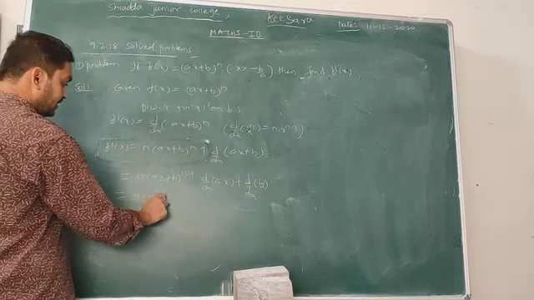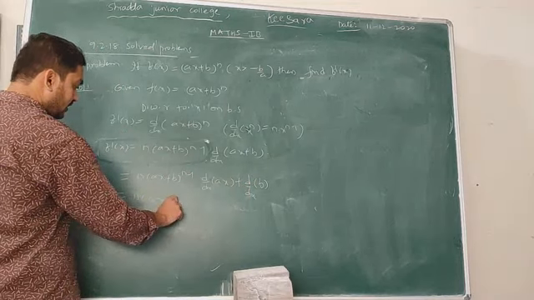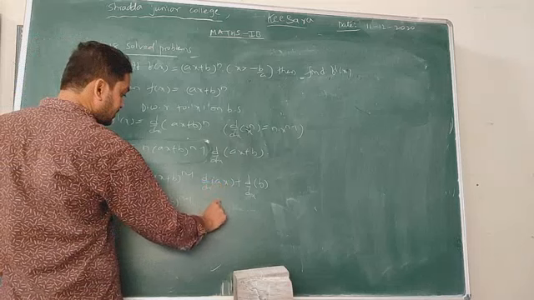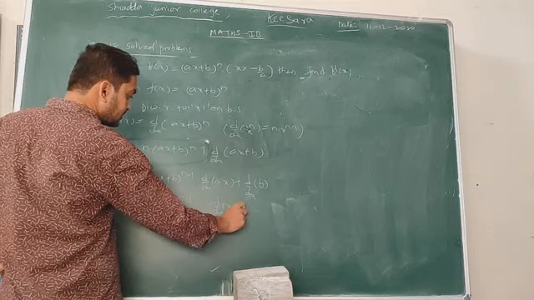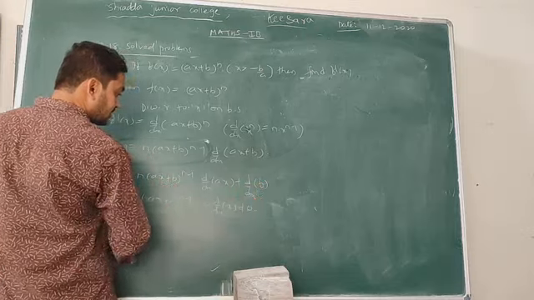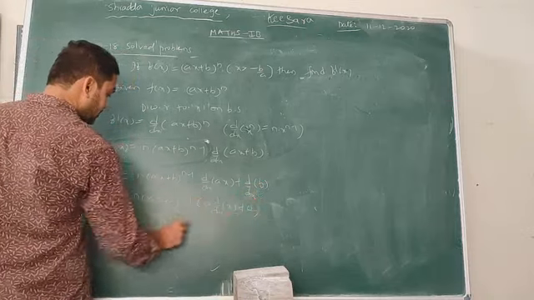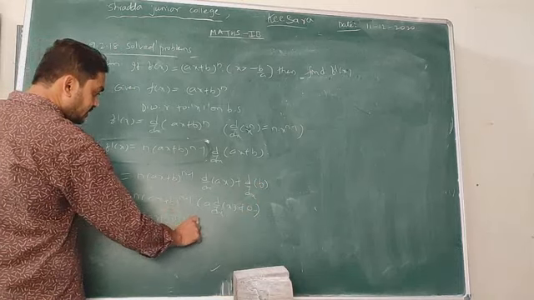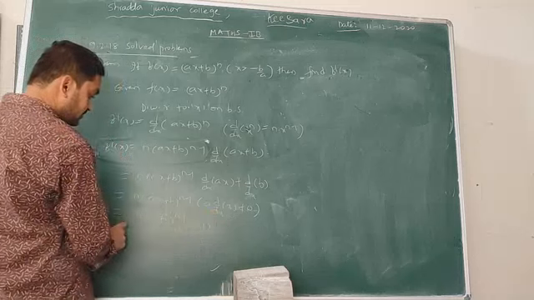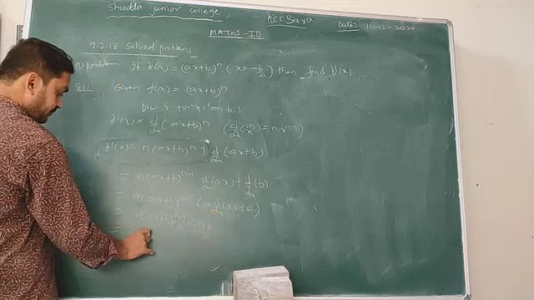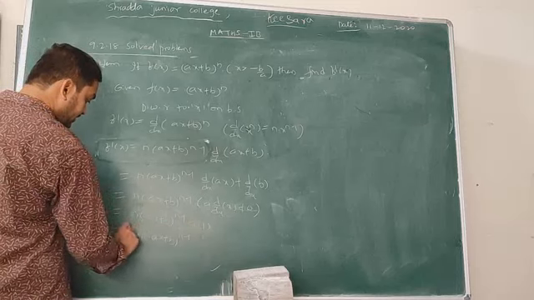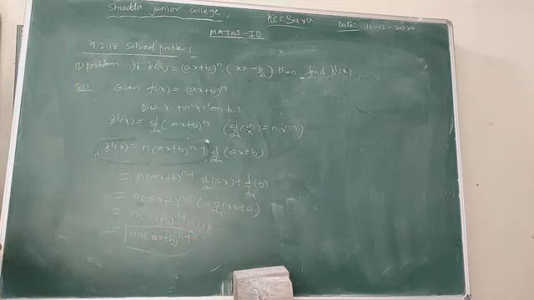This is equals to n into ax plus b whole power n minus 1. d dx of ax means what? That is a into d dx of x, plus d dx of b means what? That is constant, 0. d dx of x means what? That is 1. So we can write here a n into ax plus b whole power n minus 1. So this is the differentiation of the given function.